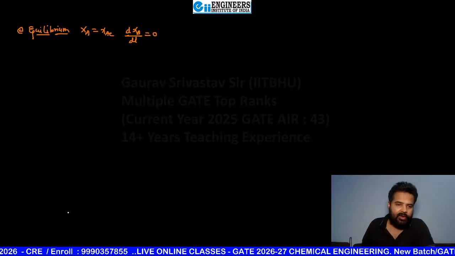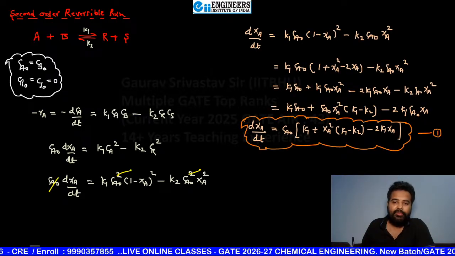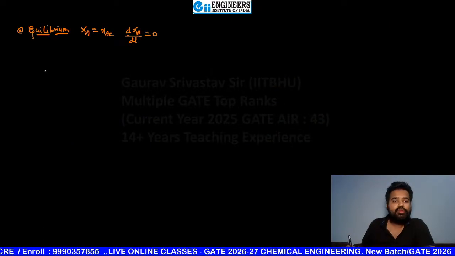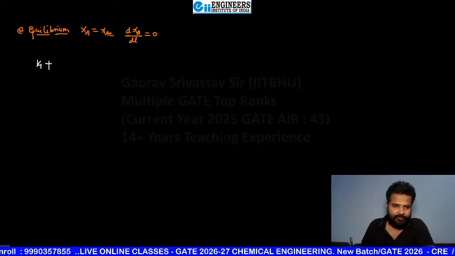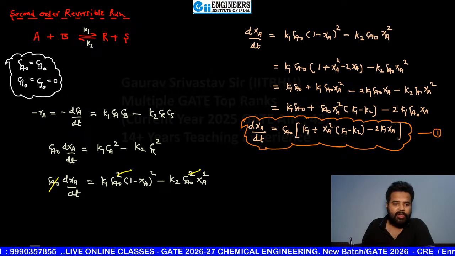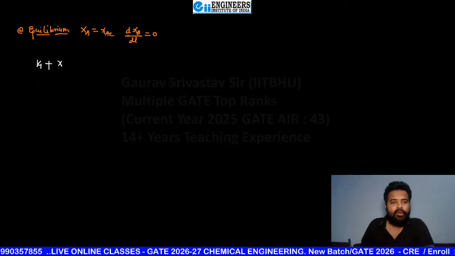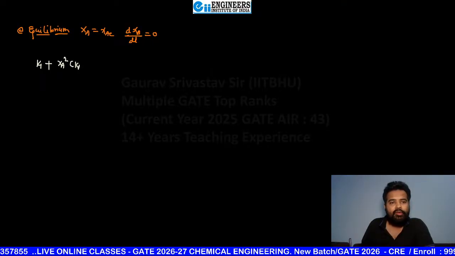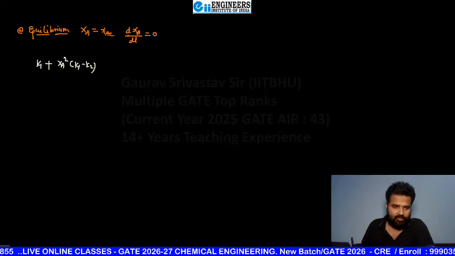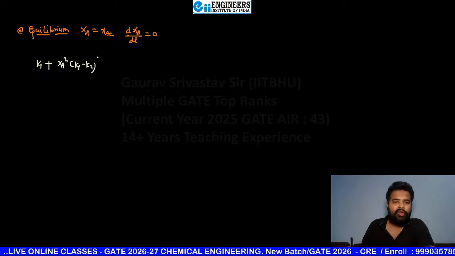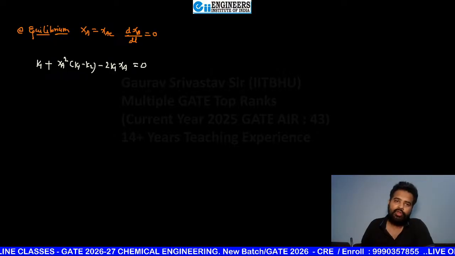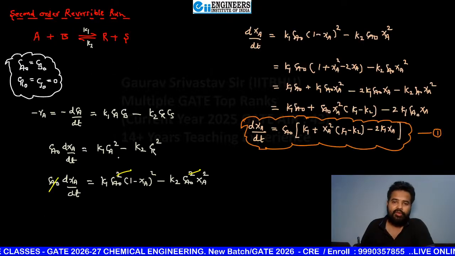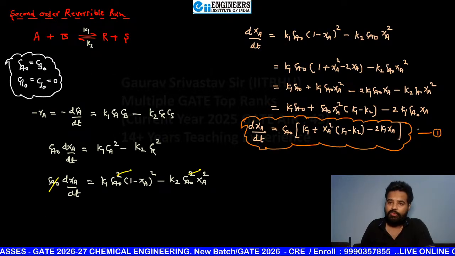So what we can write in our previous equation this time: 0 is equal to k1 plus xa square (k1 minus k2) minus 2 k1 xa, and that becomes equal to 0. So where is ca naught? Because it is here, it is 0, so ca naught can't be equal to 0, so this becomes equal to 0.